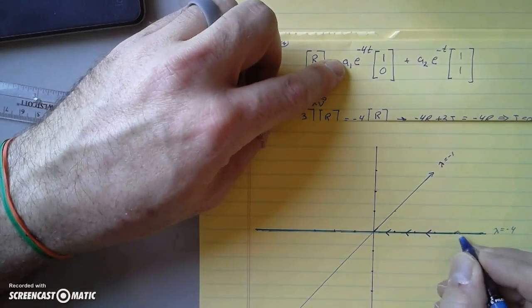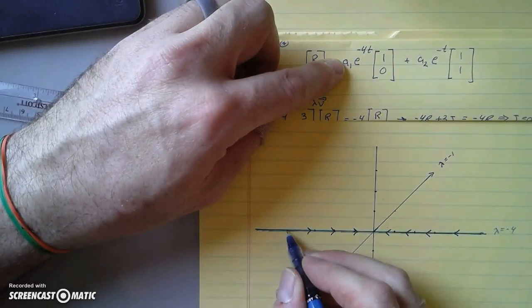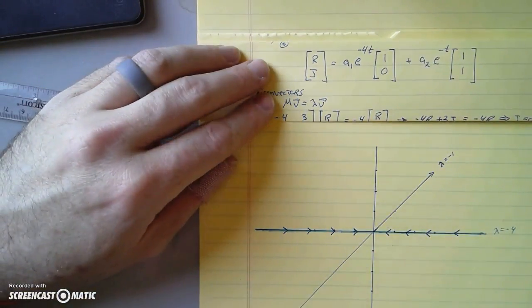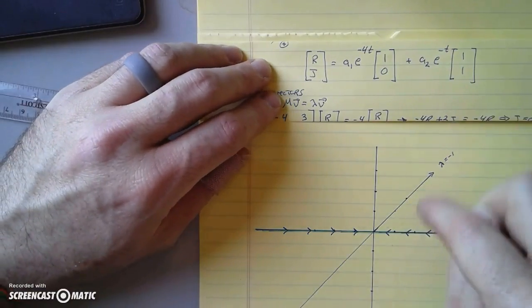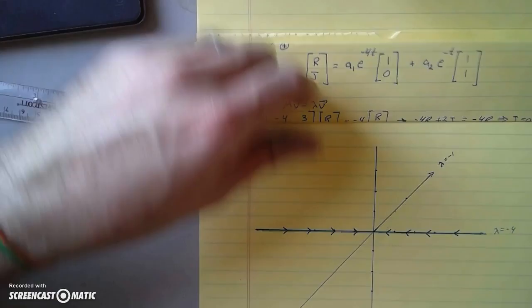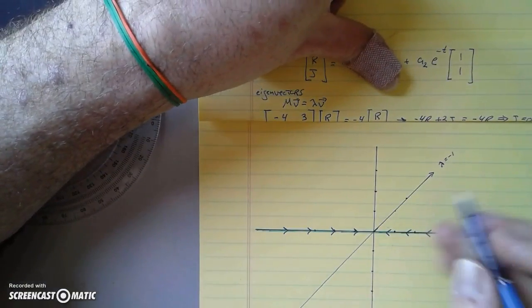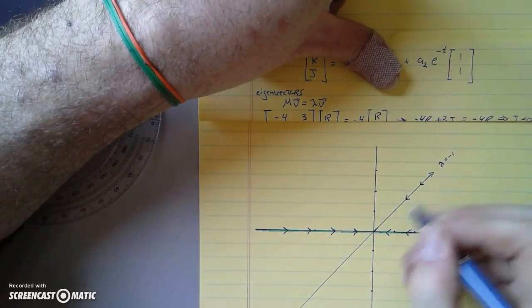So we can put some arrows here. If you start on this line, you stay on this line. And you go into the center. What happens if you start on this line? If you're starting there, that's the same as A1 being 0. So if you start on this line, it's exponential decay, so you also go into the center.